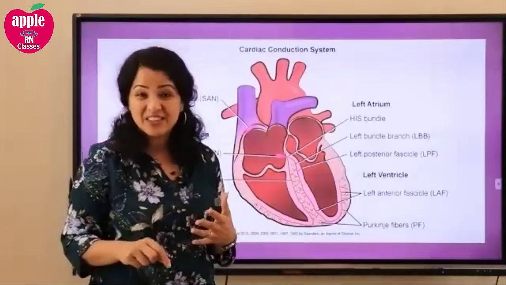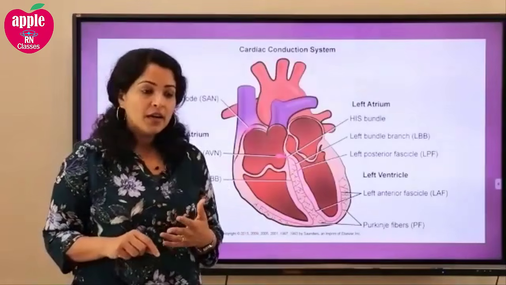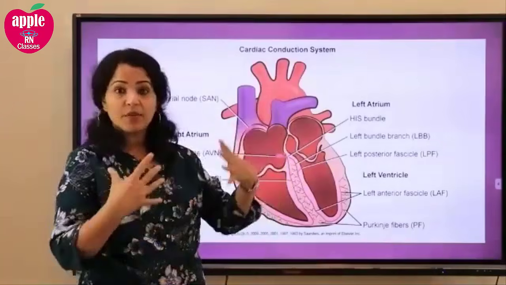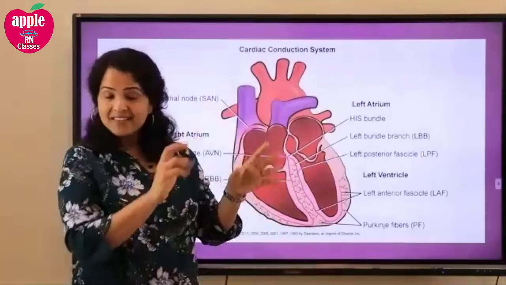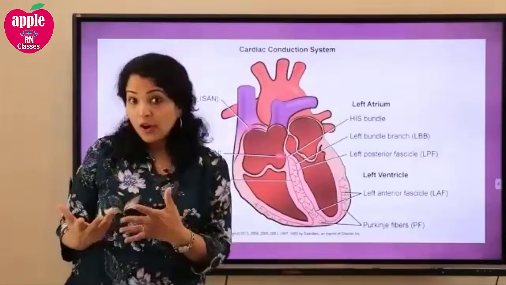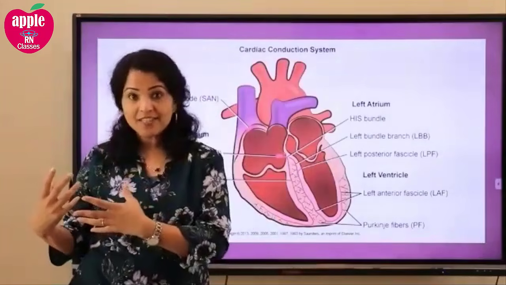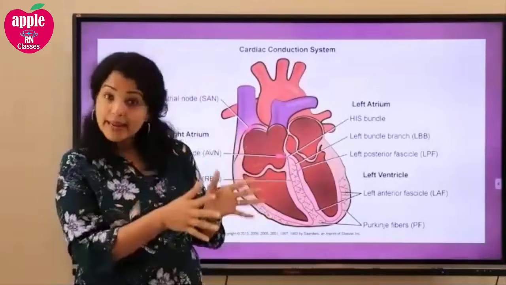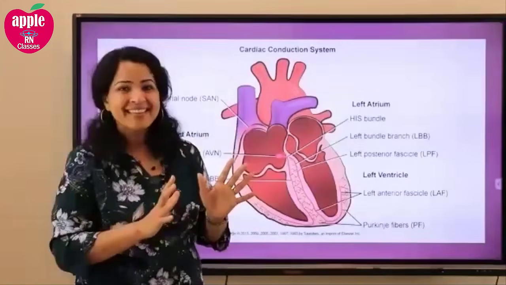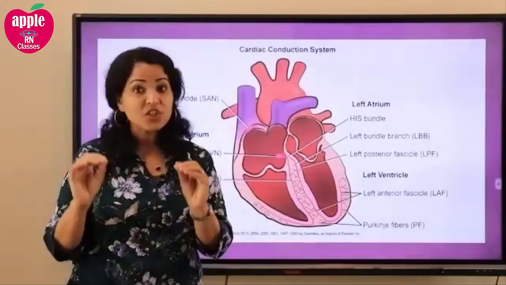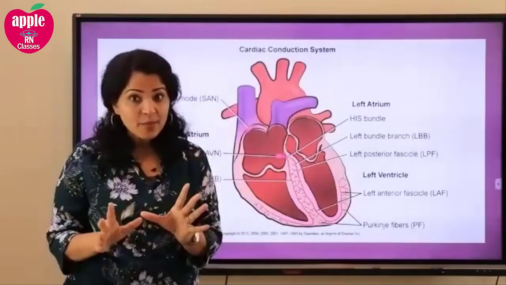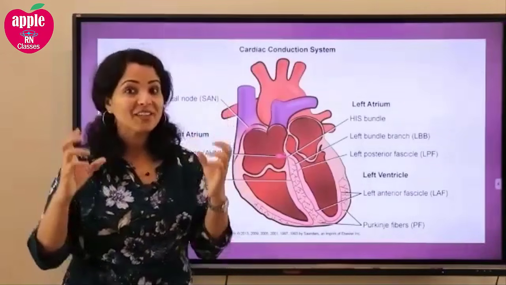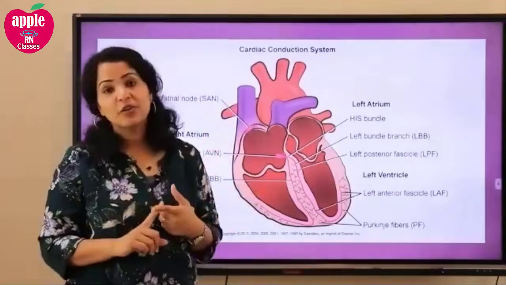Usually when we think about the heart, we talk about it pumping blood, the pulmonary artery getting blood from the right side and going into the lungs, and the aorta getting blood from the left side of the heart and giving it to the entire system. That is one major job. But we also need electrical impulses in the right amount, in the right way, in the right area for the cardiac cycle to happen. That's what we are going to talk about today.